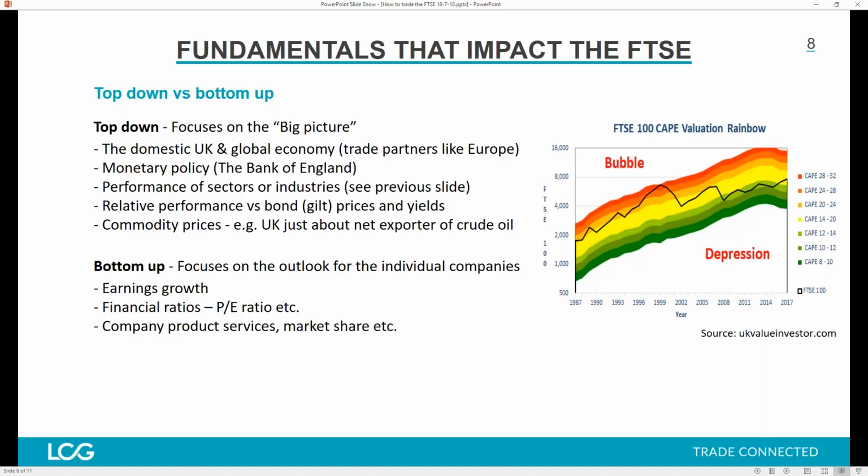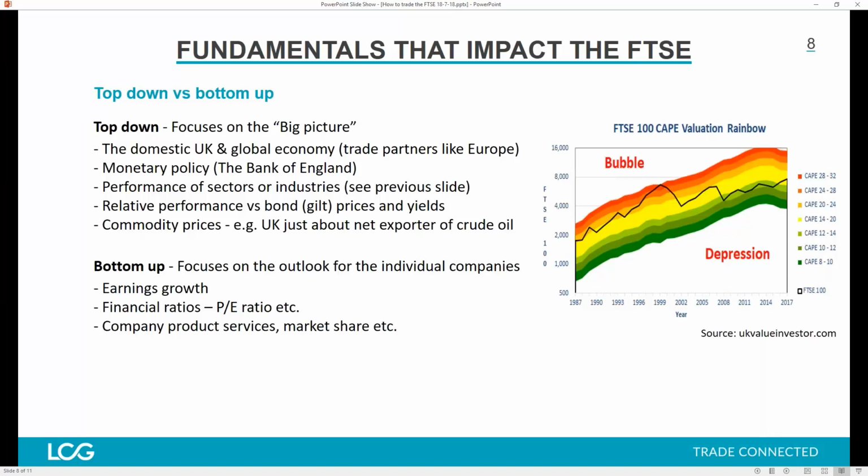Then you've got to look at how the bond market is doing. If bond yields are rising and you get more return on a bond, then you're less likely to invest in UK companies and receive dividends, so that makes the FTSE relatively less attractive. It's particularly important to look at the FTSE, which is obviously denominated in pounds, versus UK gilts.